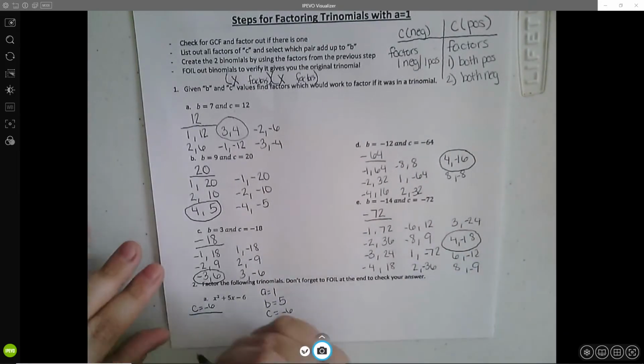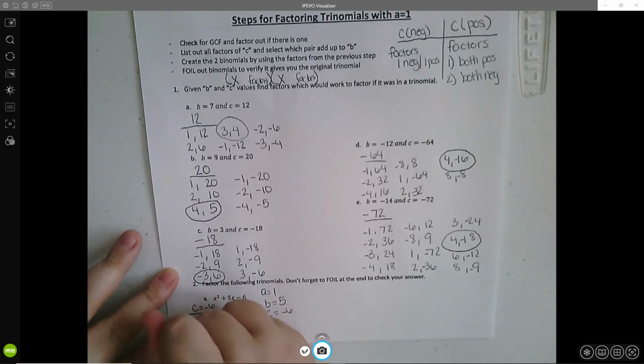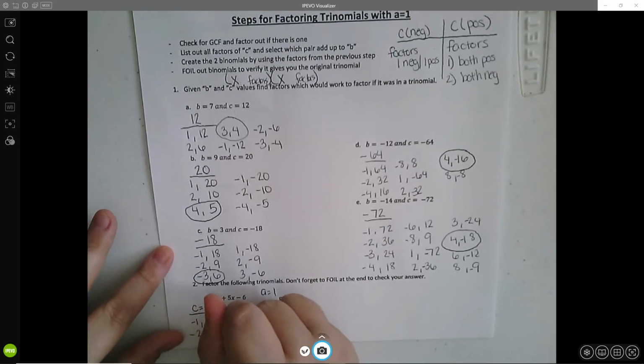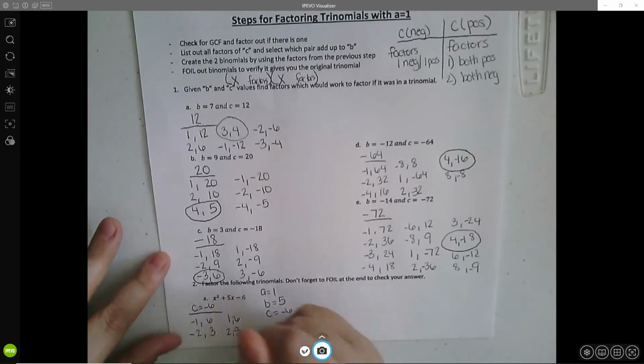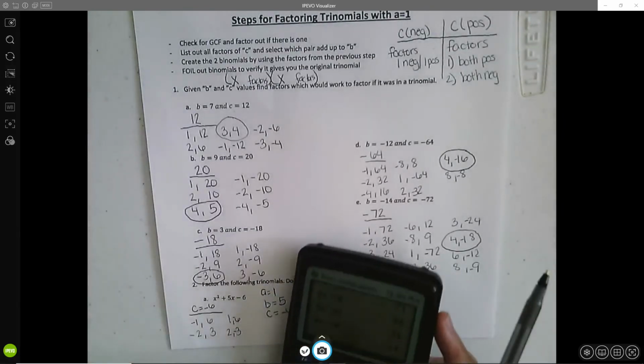Factors of 6: 1 and 6, 2 and 3. My first set is going to have my first numbers being negative. My second set, when I write them again, is going to have the second numbers being negative. So now, I'm going to go to my calculator.